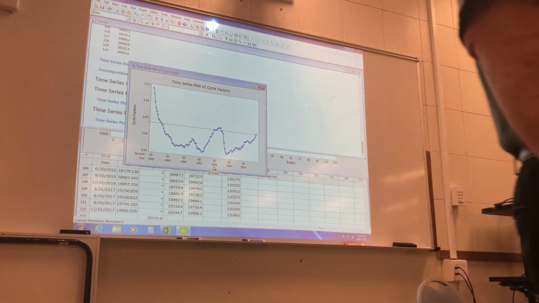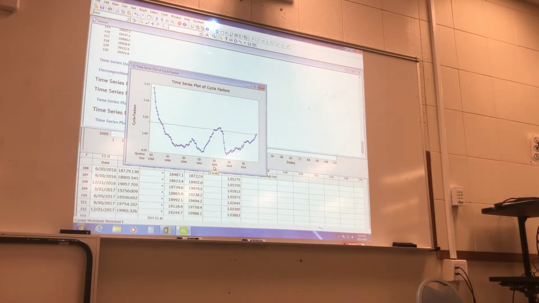I have a question with my numbers. I did everything up to that point, but the cycle factor came from multiplying decomposition times trend one, and that's how we got our cycle factor.